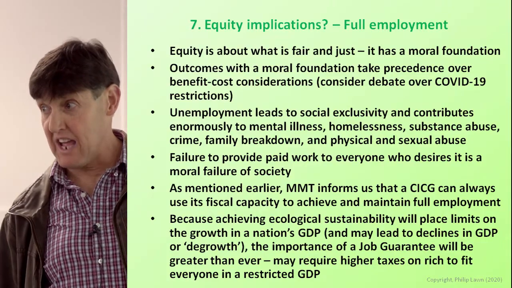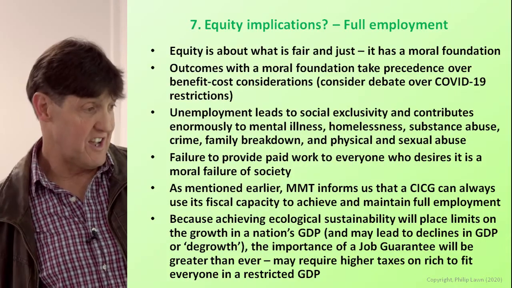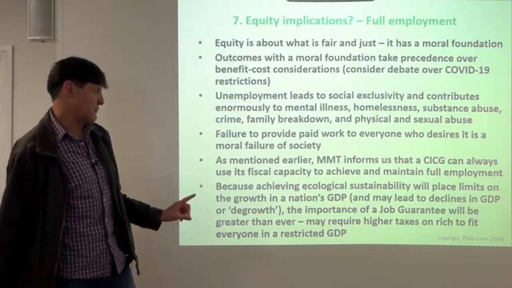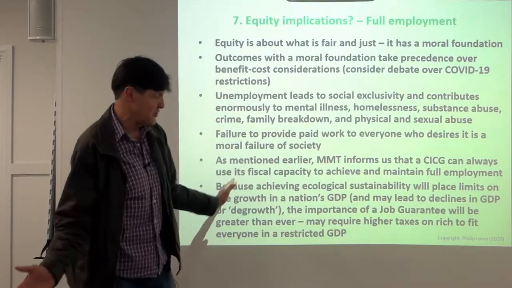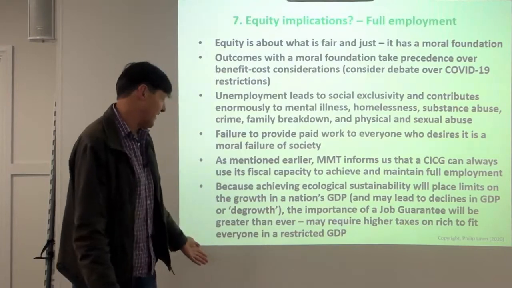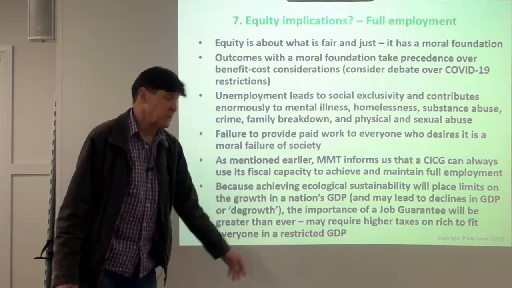So the importance of something like a job guarantee will be greater than ever. And in fact, so much so that it may have to be supplemented by higher income taxes, not necessarily on everyone, but quite possibly, it depends on how you do things, on the rich, to fit everyone in a restricted GDP.